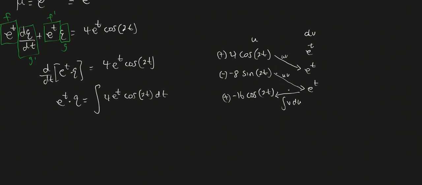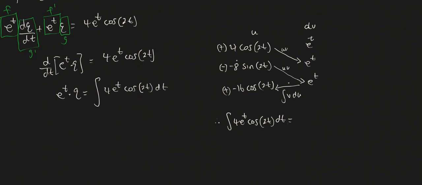So what does this tell me? This tells me that my original integral, so therefore the integral of 4e to the t cosine of 2t dt is equal to the 4 cosine of 2t times e to the t. So I'll write it like this: 4e to the t cosine of 2t.